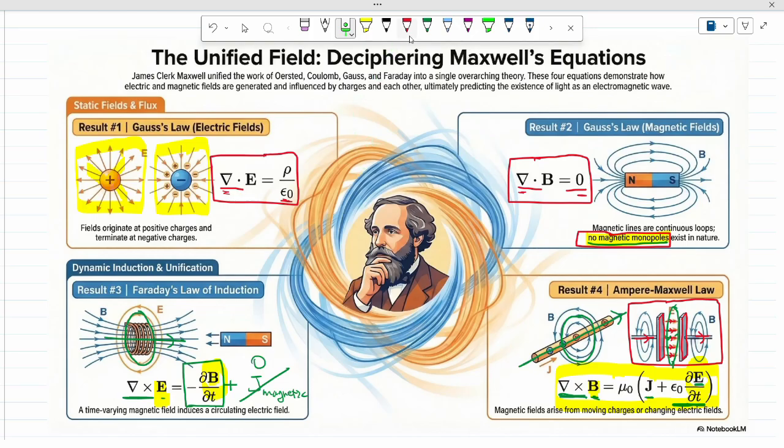Because having this, that changing magnetic field produces electric field, and this, I don't really care about the current, but having the fact that changing electric field produces magnetic field, it gives you an interesting possibility where you could have a charge distribution or a current distribution that gives you a changing electric field, which will produce magnetic field.